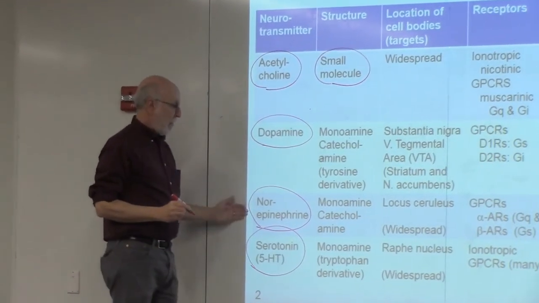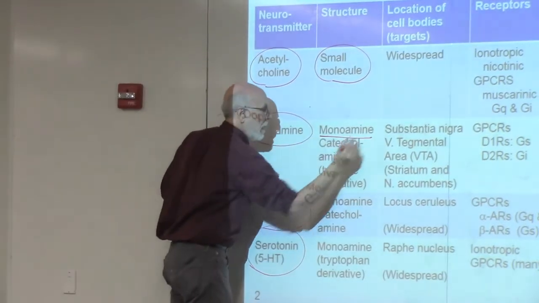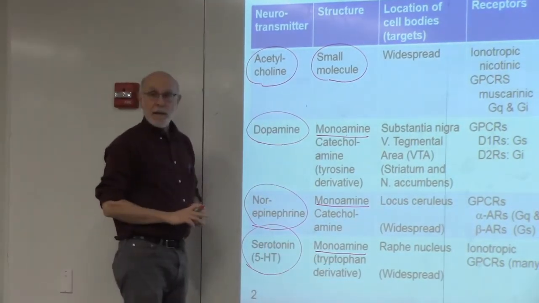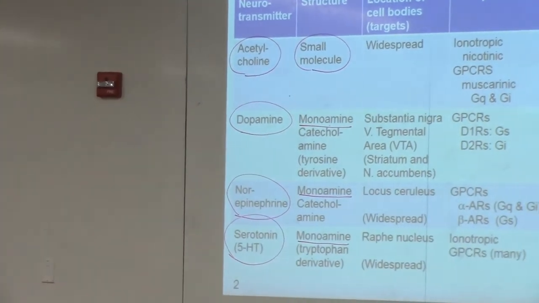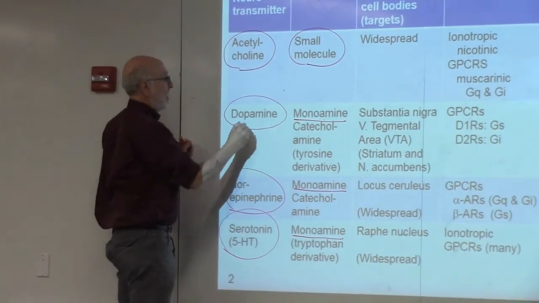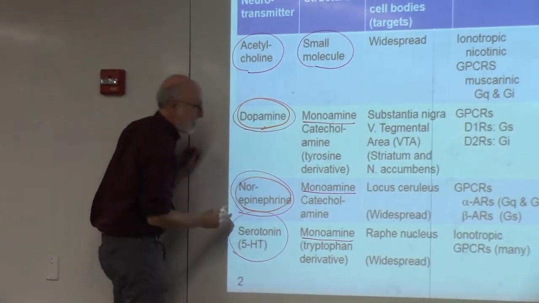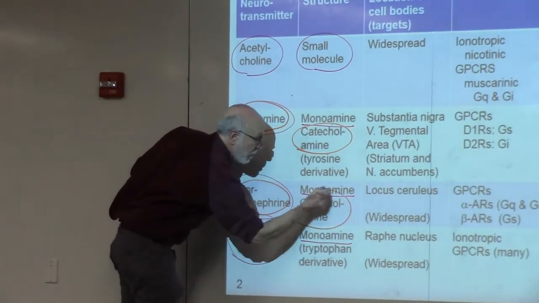Dopamine, norepinephrine, and serotonin are all monoamines. And I do want you to know that. Dopamine and norepinephrine are catecholamines. And I do want you to know that.